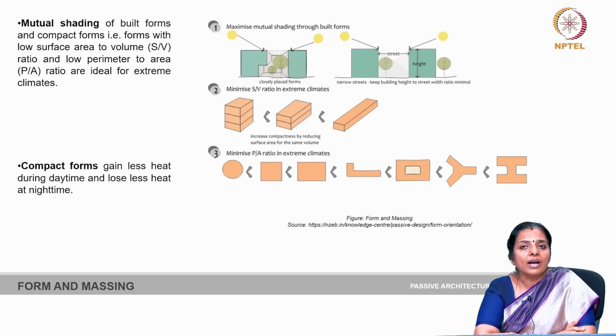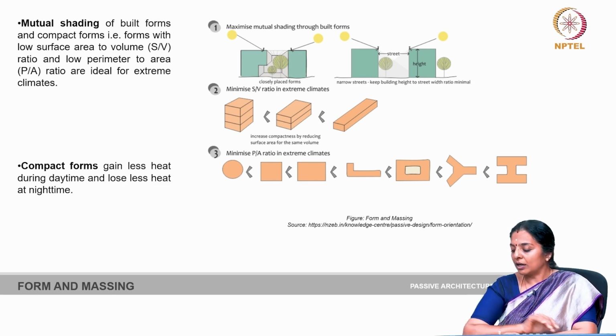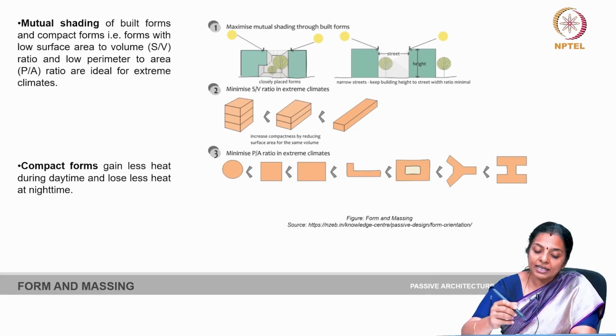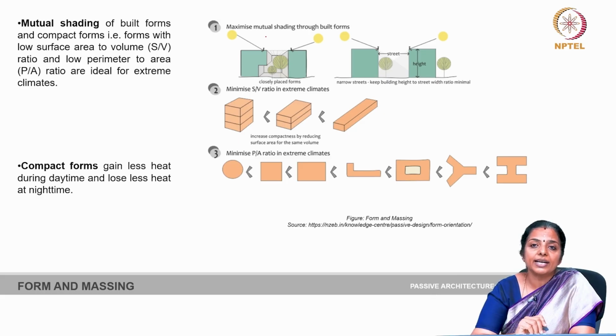Now, the thermal performance of buildings is influenced by the form and massing. You also need to understand that having dense, compact forms can in a way help in some climate types. For example, in hot dry climates it is needed because compact forms are going to reduce the ingress of solar radiation and it will maximize mutual shading.